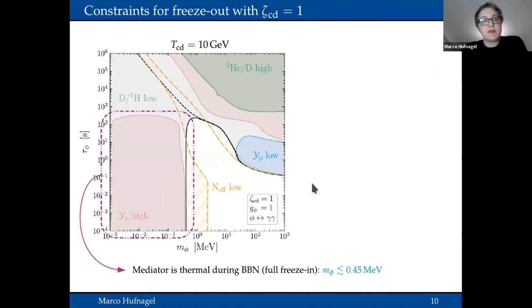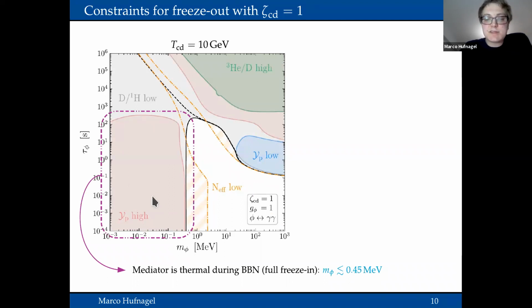So with this set, we can now understand basically everything in this plot. In this region over here, the particle always thermalizes with the standard model, and it completely thermalizes with the standard model heat bath. And since the lifetimes are so small, this thermalization always happens before BBN starts, which means that in this region of parameter space, during BBN you always have to deal with an additional thermal particle.